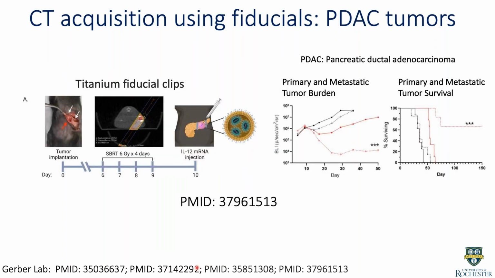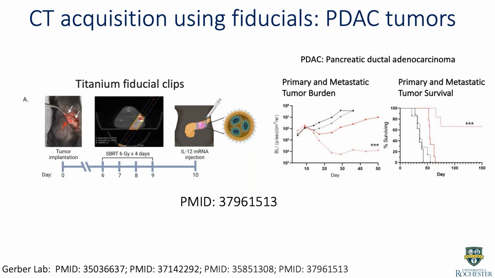Some of his more recent work, and this is work by Angela Hewson and Gary Hannon from Scott Gerber's group, showing local delivery of SBRT and IL-12 via mRNA technology to eliminate pancreatic orthotopic tumors in a murine model.